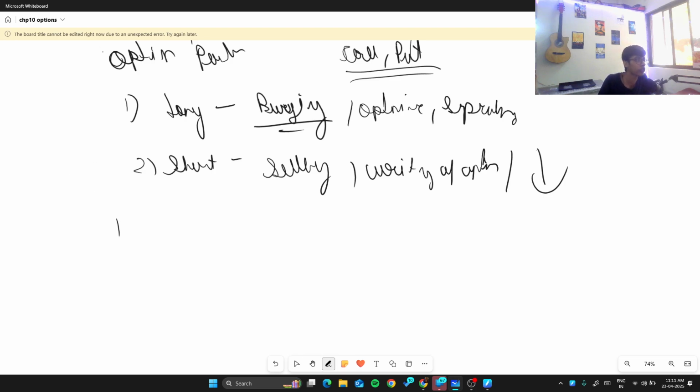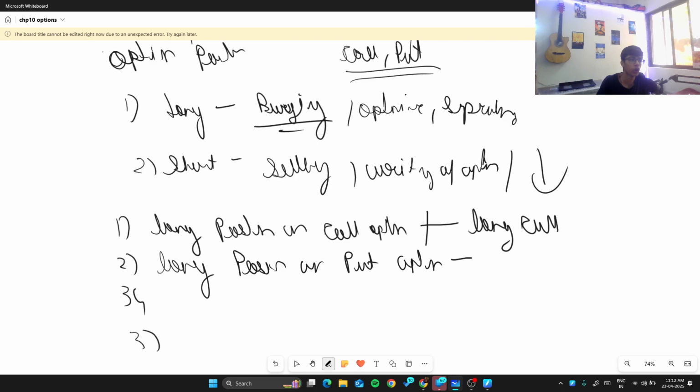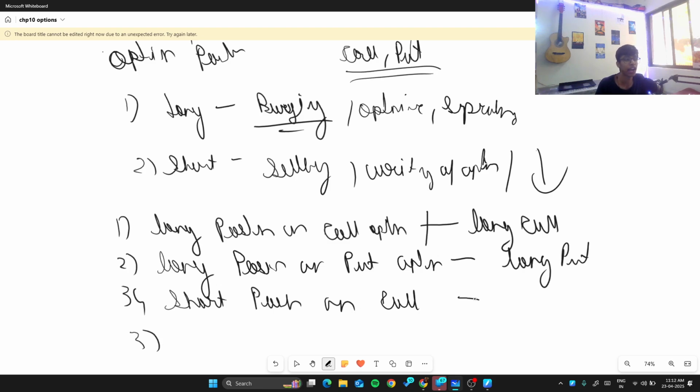From this combination we get four combinations. A long position on a call option is called a long call. A long position on a put, hoping the market will go down, is called a long put. A short position on a call option, or writing a call option, is called a short call.